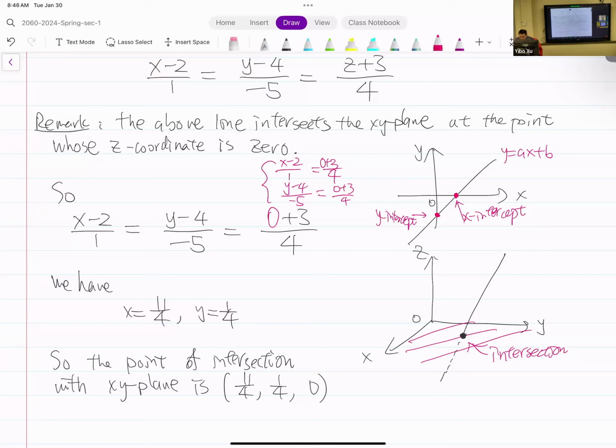So the intersection is exactly this point: 11 over 4, 1/4, 0. Any questions so far?